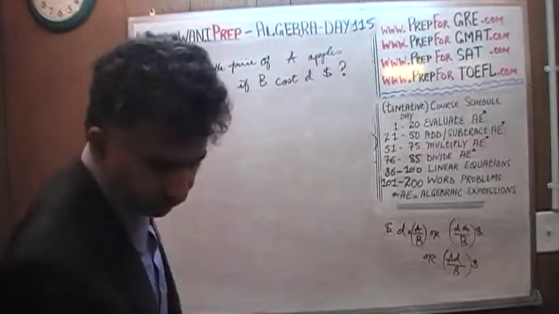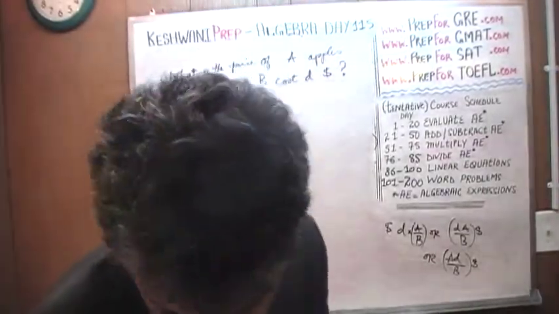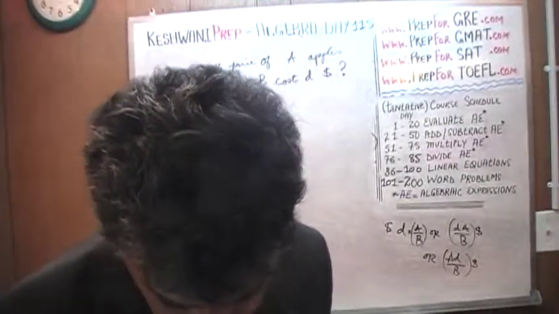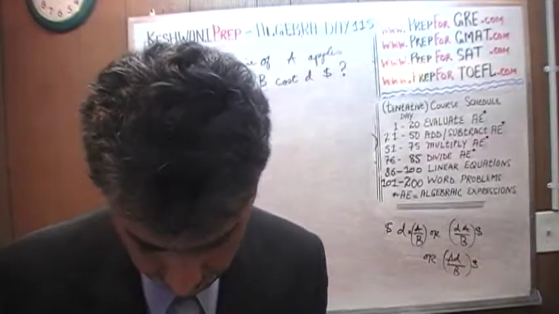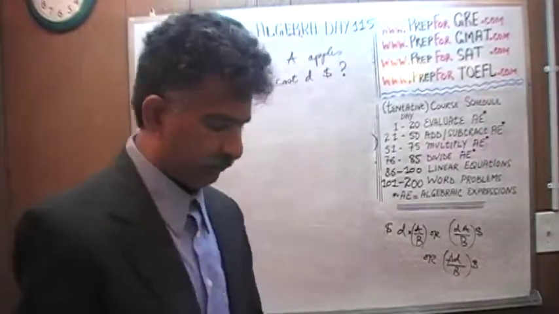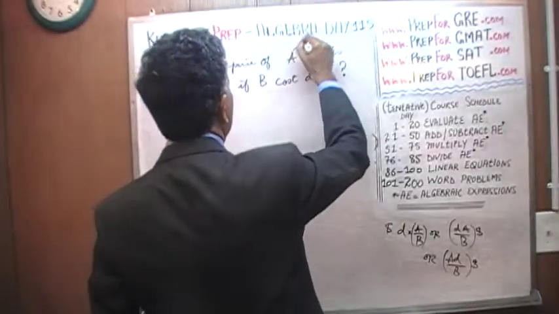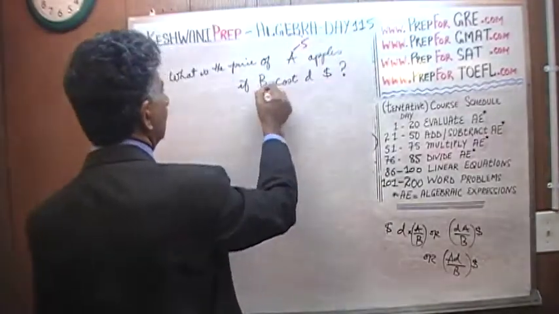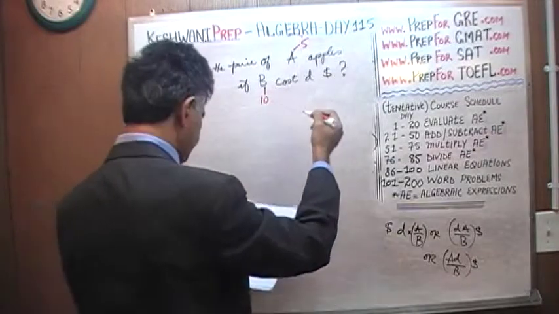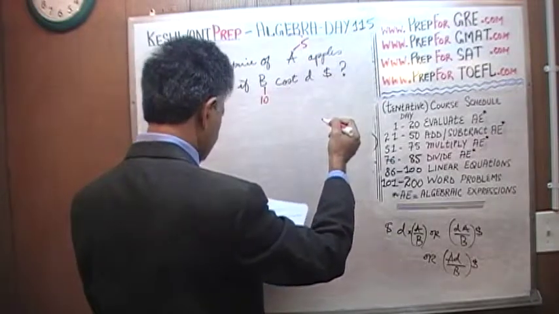Let's plug in values. How many apples do you want to buy first of all? Let's buy 5 apples. And we are told that 10 of them cost $3.